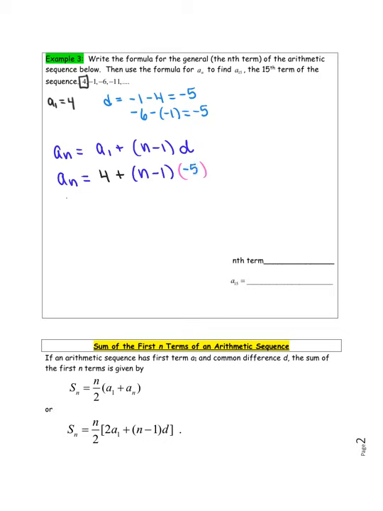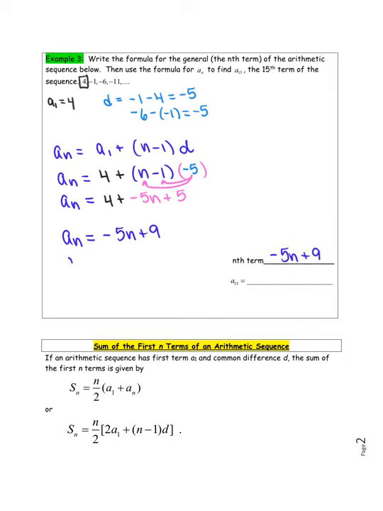So a sub n equals 4 plus, distributing, negative 5 times n is negative 5n, and negative 5 times negative 1 is positive 5. And simplifying that, a sub n is equal to 4 plus 5 is 9, and so it's negative 5n plus 9.